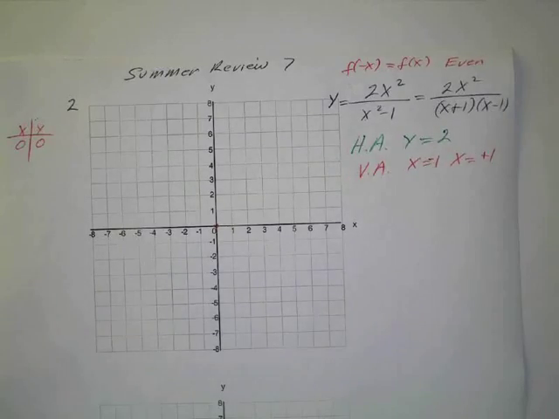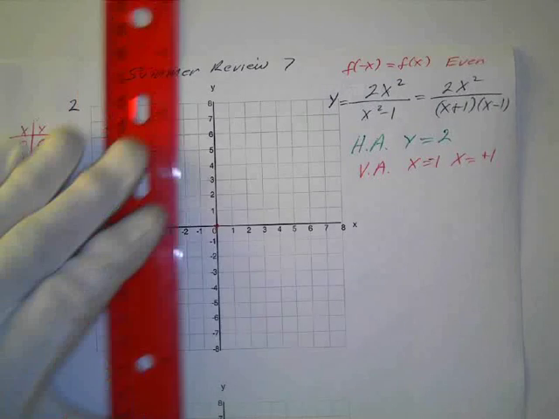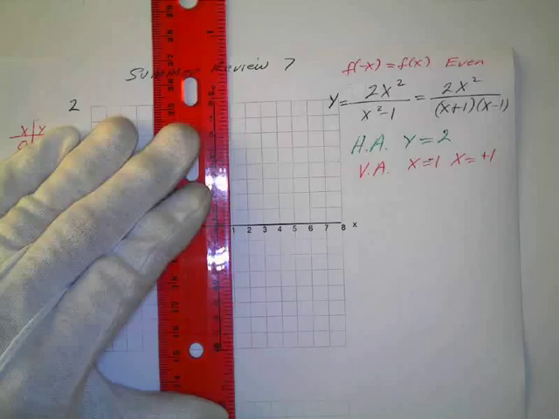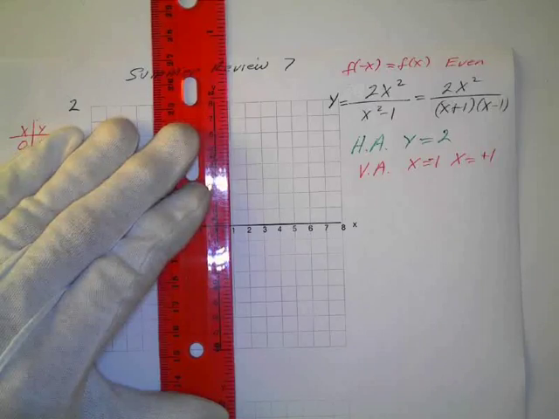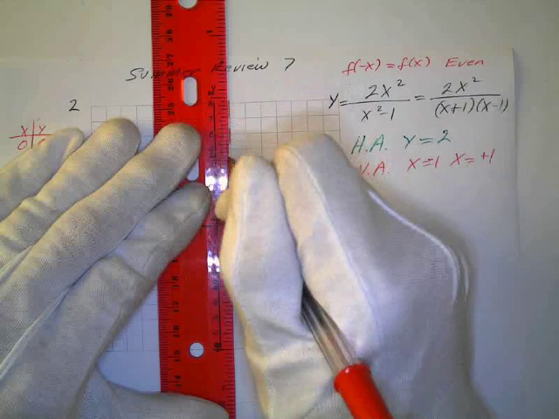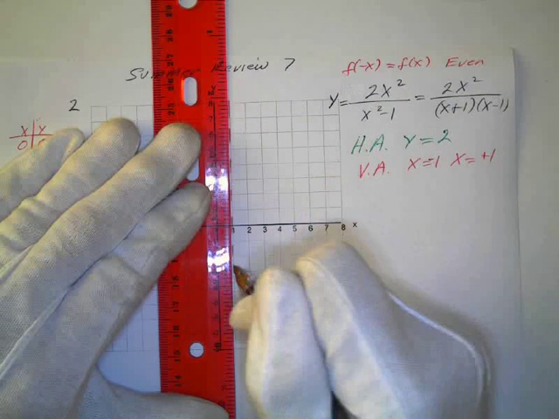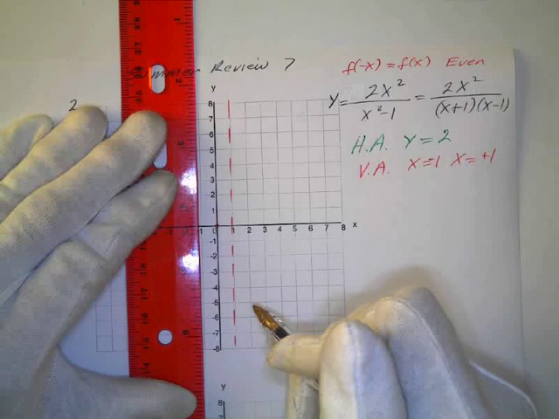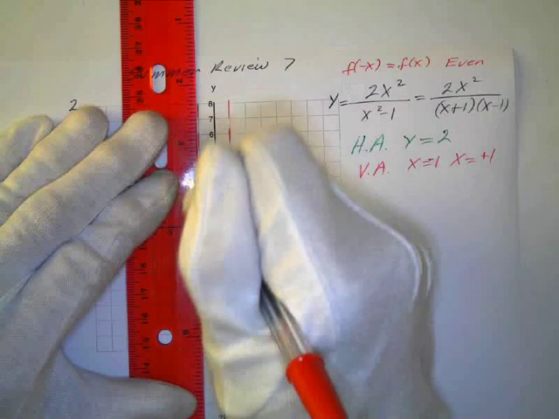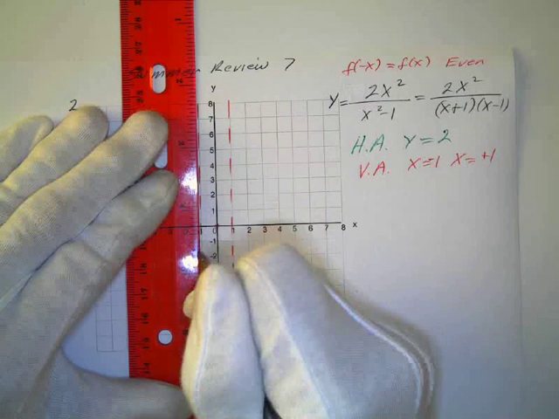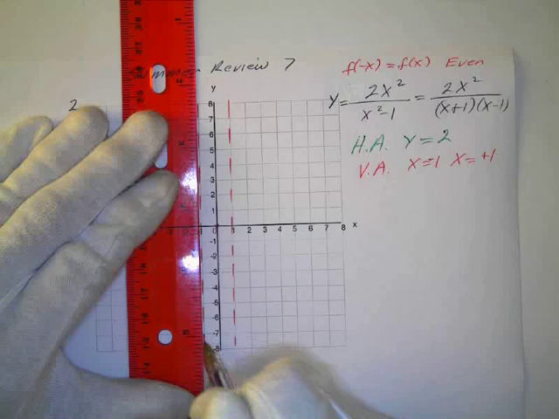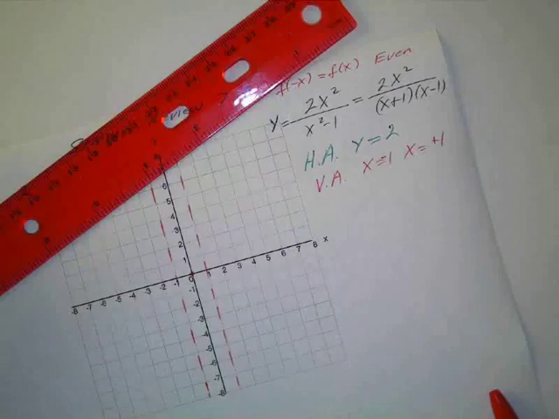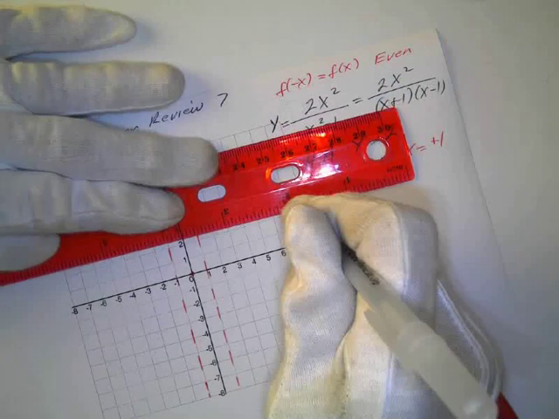So we can put those in with our intercept points. And then my horizontal asymptote was y equals 2. That goes on like this.